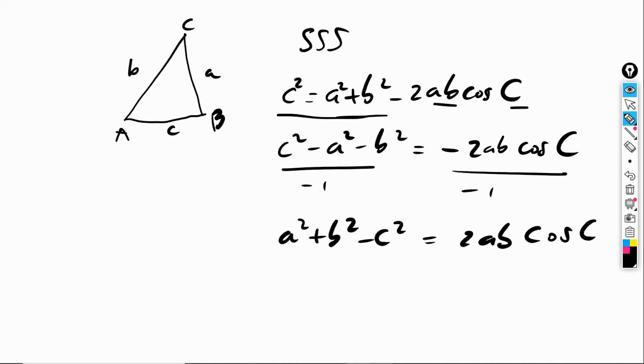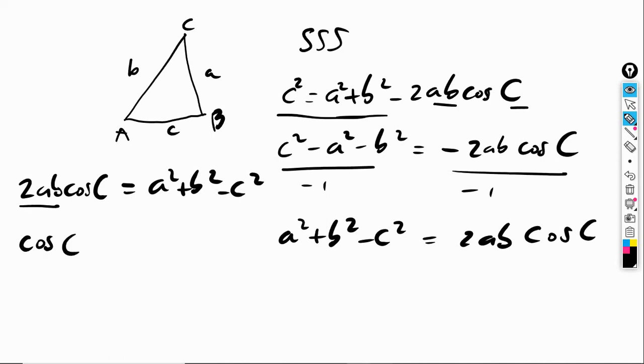So we're almost done. Let's continue over here, and I'm going to go backwards now. So 2ab cosine of C is equal to a squared plus b squared minus c squared. Notice that we can send this to divide to the other side. So cosine of C is equal to a squared plus b squared minus c squared divided by 2ab.